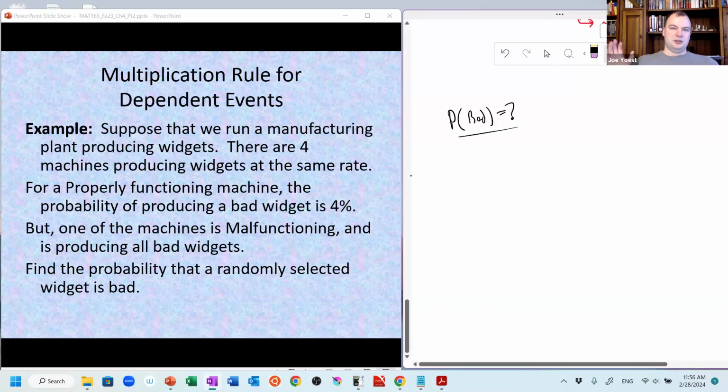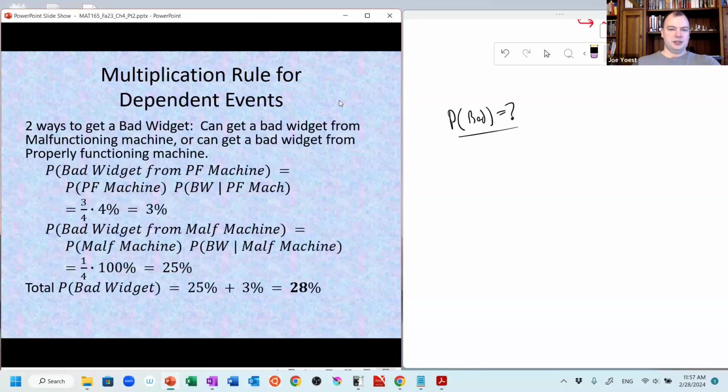So I imagine that these 4 machines produce a whole bunch of widgets. They all get mixed together, put in some warehouse somewhere, and then I choose one of the widgets randomly from that warehouse, or some customer buys a random widget. What's the probability that they get a bad one? Well, there are 2 locations the widgets could come from.